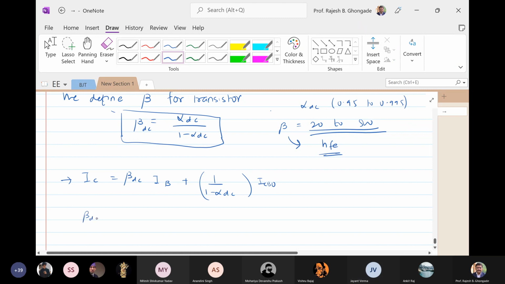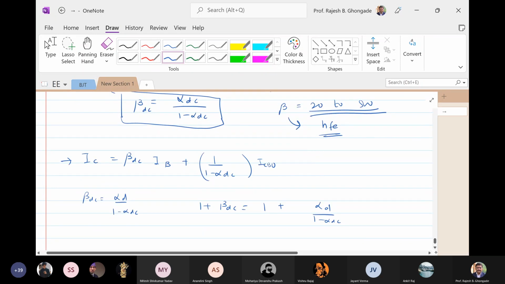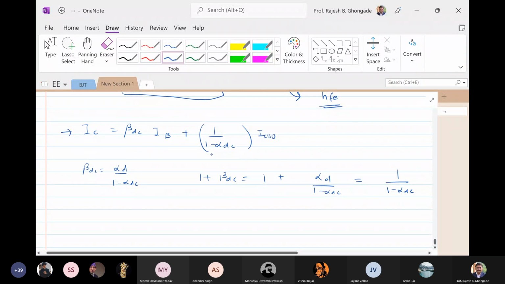Beta DC we have defined as alpha DC by 1 minus alpha DC. Hence 1 plus beta DC becomes 1 plus alpha DC divided by 1 minus alpha DC, adding 1 on both sides. So what do we get? 1 upon 1 minus alpha DC. We have established the equivalence of these two.